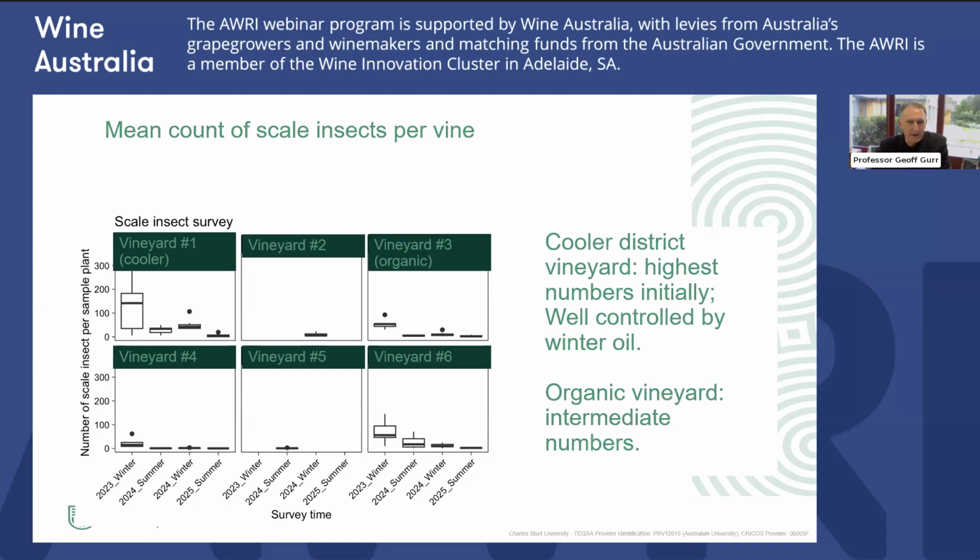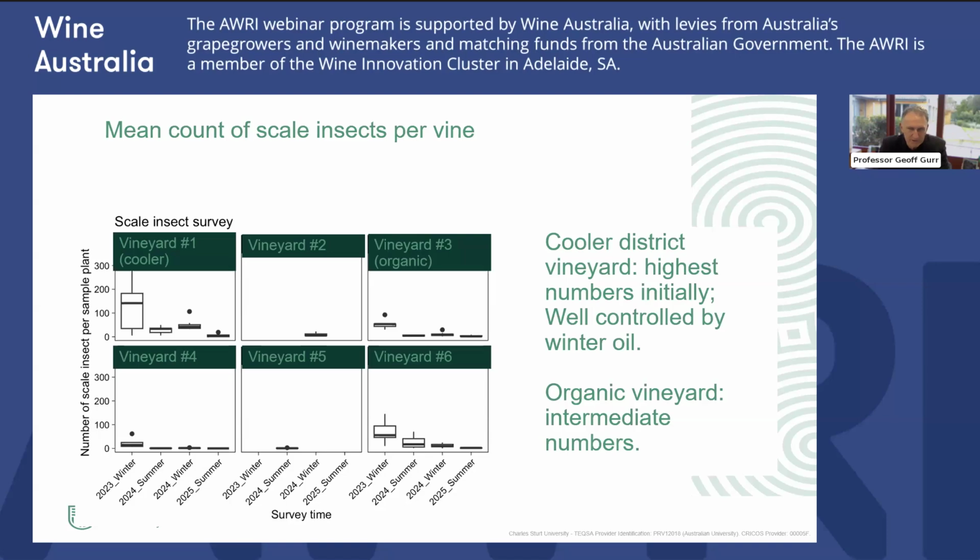And some of the, I think perhaps most noteworthy findings are that the cooler district vineyard here, which was in the Orange district, had the highest numbers initially, but following the application of winter oil, a paraffinic oil, the scale insects were well controlled. The other vineyards were all in warmer Riverina locations. And amongst those, the organic vineyard, this one here, had intermediate numbers of scale insects.